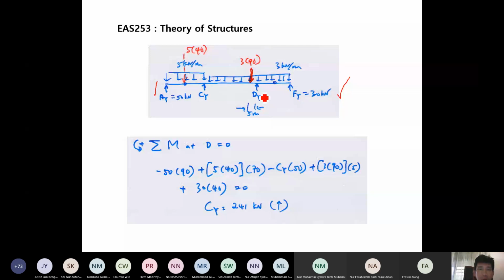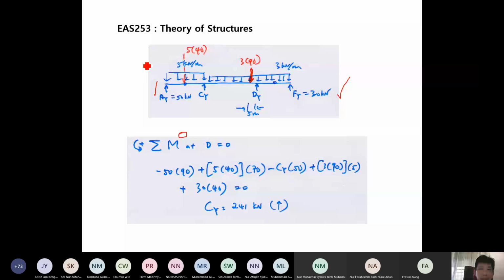When we take moment equilibrium equation of the whole beam, we do not cut at the hinge, then we do not put anything here. If you compare this and this, the difference is we don't put any superscript here, because now we are considering the whole beam.